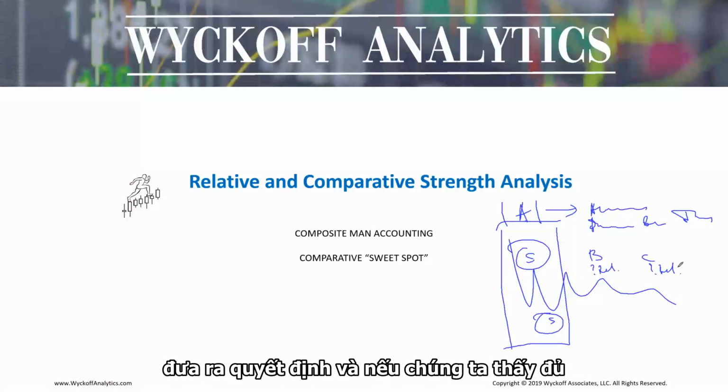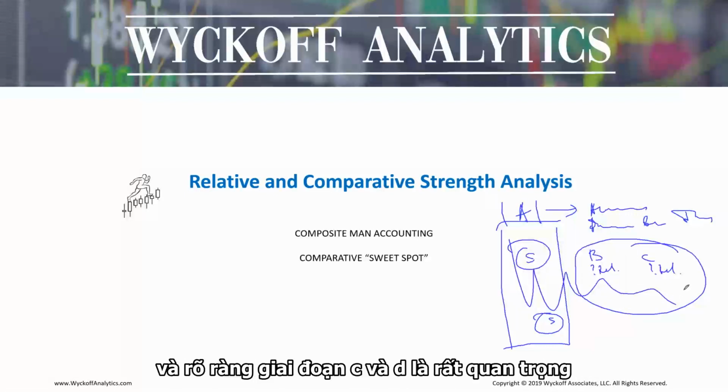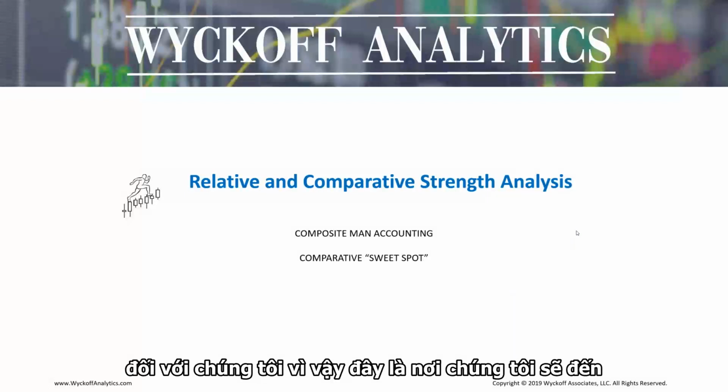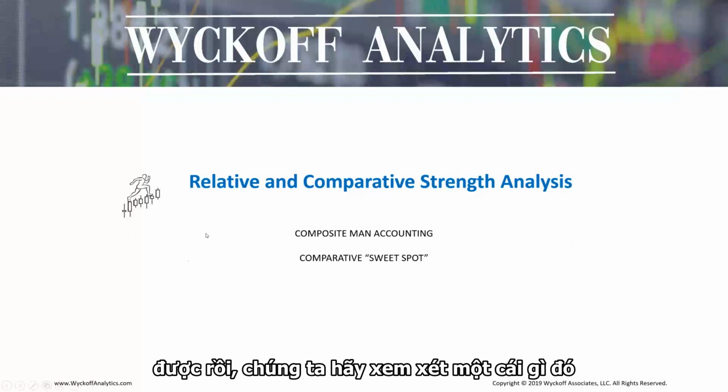And if we see enough observational points in phases B, C, and D, that would suggest that institutions are present, they are aggressively accumulating, this is the stock that we're going to pick. And obviously, phase C and D are crucial to us, so this is where we would be looking at the relative comparative performance. Okay, well, let's look at something different.